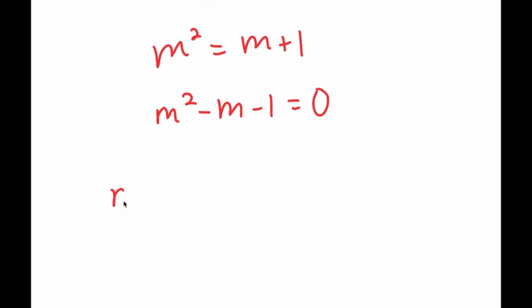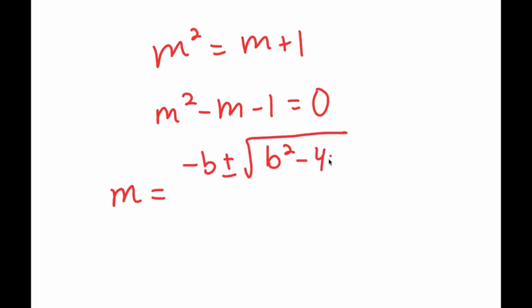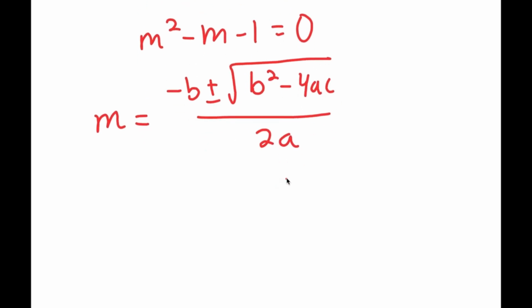Now I'm going to use the quadratic formula to solve this. So the quadratic formula is negative b plus or minus the square root of b squared minus 4ac, all over 2a. So in this case, a is 1, b is -1, and c is -1.